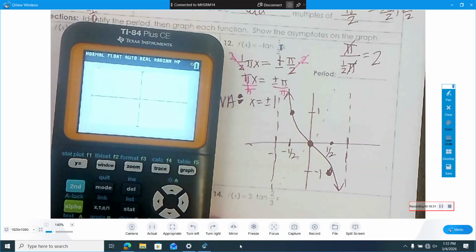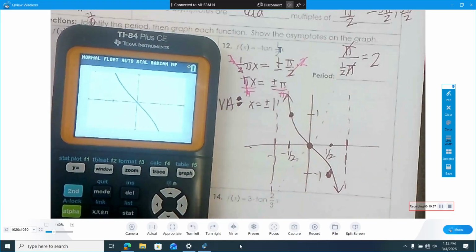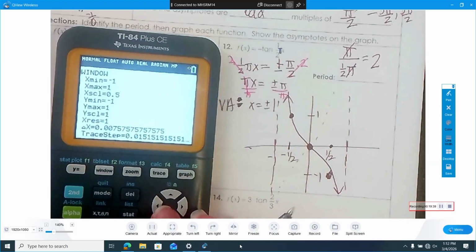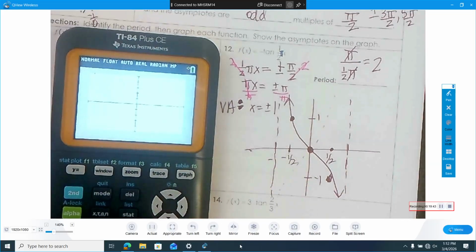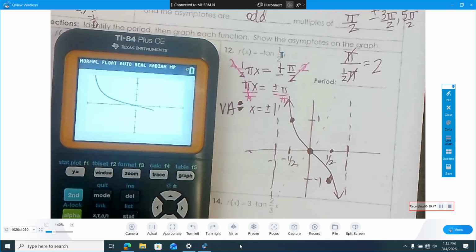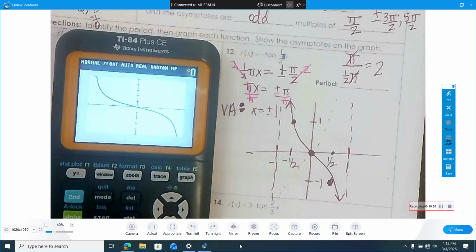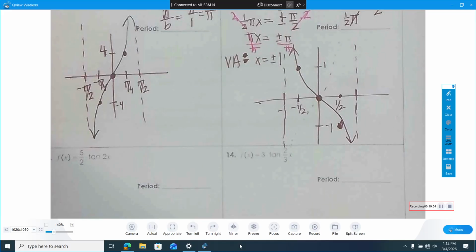And I can graph it. And there we go. There's a great graph. I can zoom out a little more if I want to, so you can really see negative 5 to 5. And you can see that it would look pretty similar to my graph that I've drawn there, okay? What's going on over there?